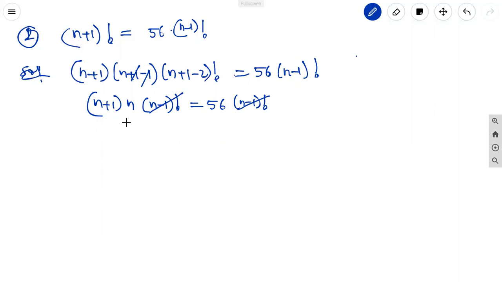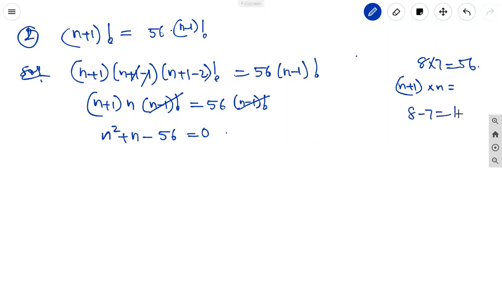Now, if you look at the factors of 56, 8 sevens are 56. So here we can write n+1 is 8 and n is 7, so directly you can take n equal to 7. Or else, n(n+1) − 56 = 0, that is n² + n − 56 = 0. 8 sevens are 56, and 8 minus 7 equals 1.